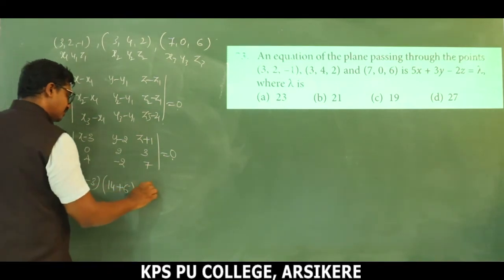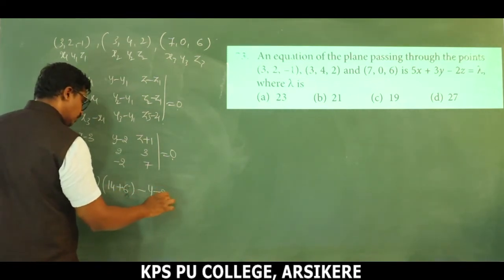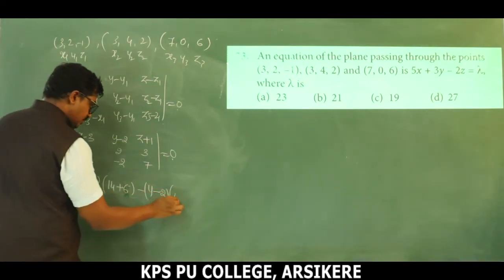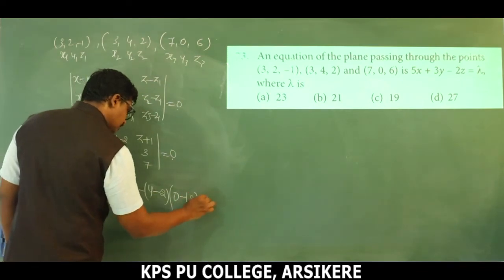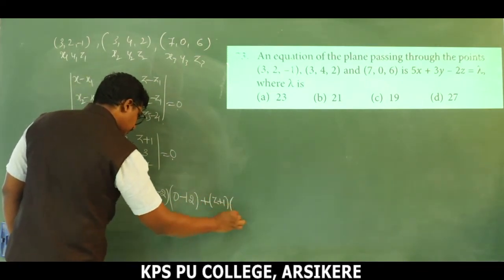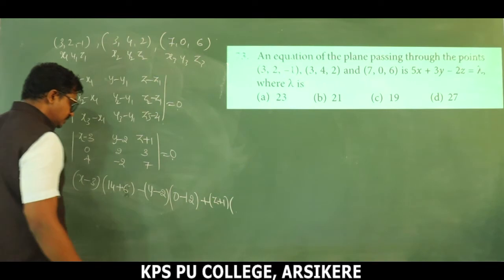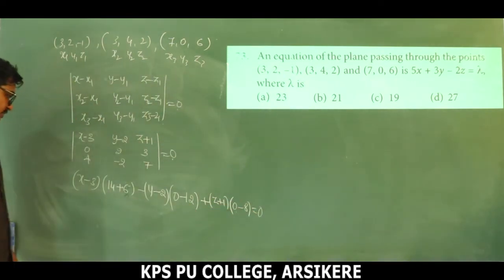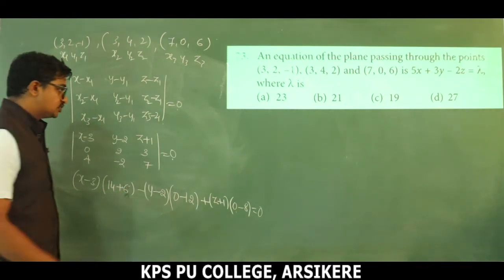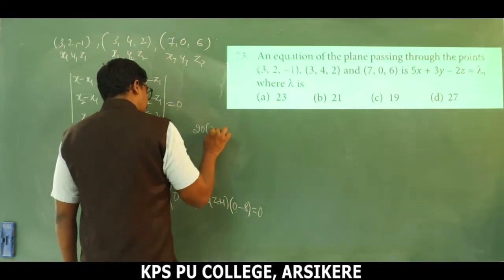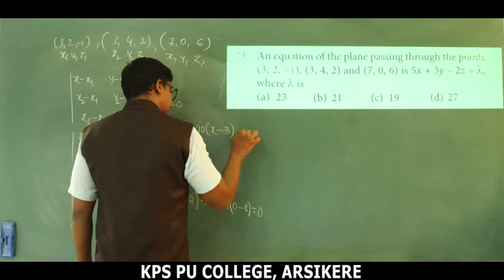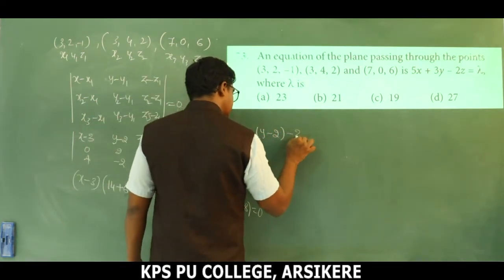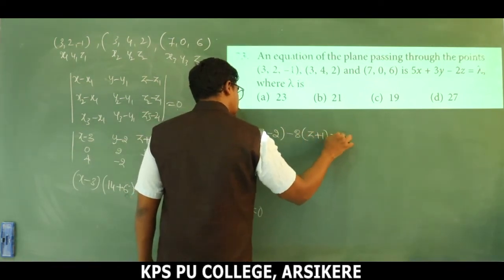And the second term, minus y minus 2 into the corresponding row and column minor: 0 into 7 is 0, minus 12. Plus z plus 1 into the terms here: 0 into minus 2 is 0, minus 8, is equal to 0. Next step is simplification. 14 plus 6 is 20. This is 20 into x minus 3 plus 12 into y minus 2 minus 8 into z plus 1 is equal to 0.